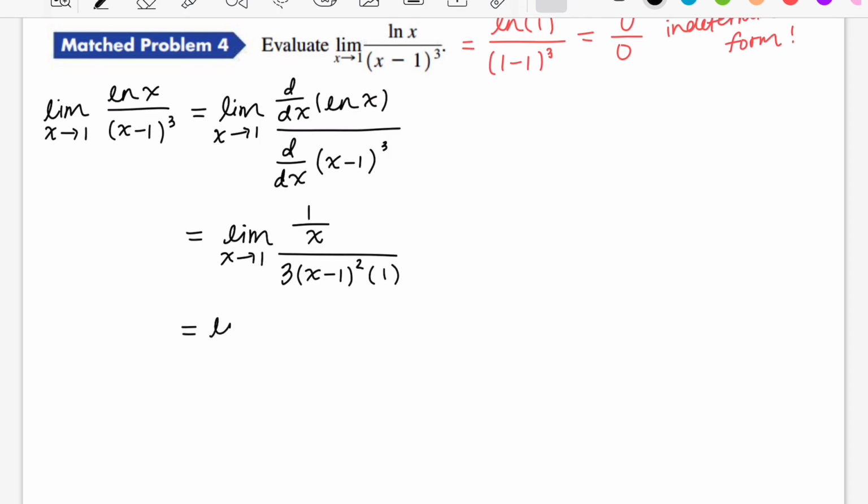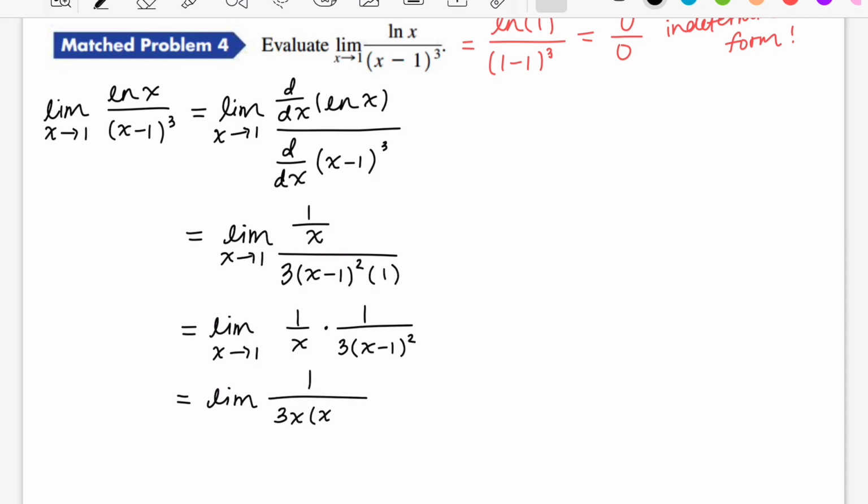Alright, so let's do some simplification. We have 1 over x divided by this, which is the same as 1 over x times the reciprocal. So now we're looking at the limit of 1 over 3x times (x minus 1) squared as x approaches 1.